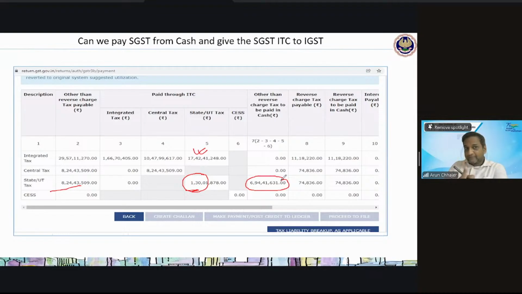You got my point? Even the portal is behaving in this manner. You can add this point also: S can give the amount to I, ignoring the S first. It is even possible on the portal.